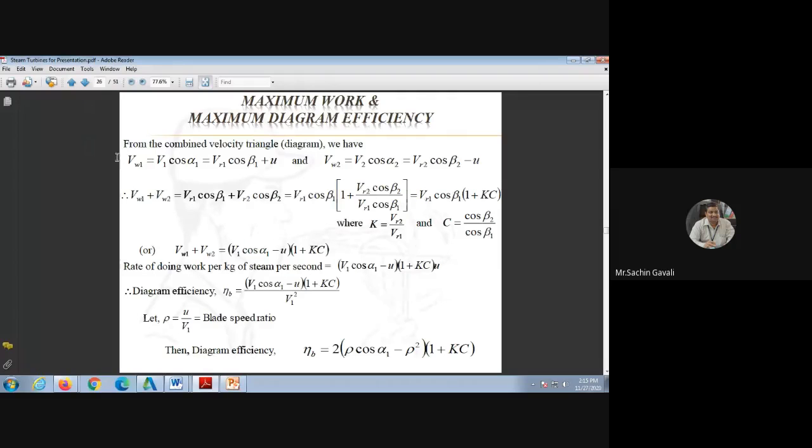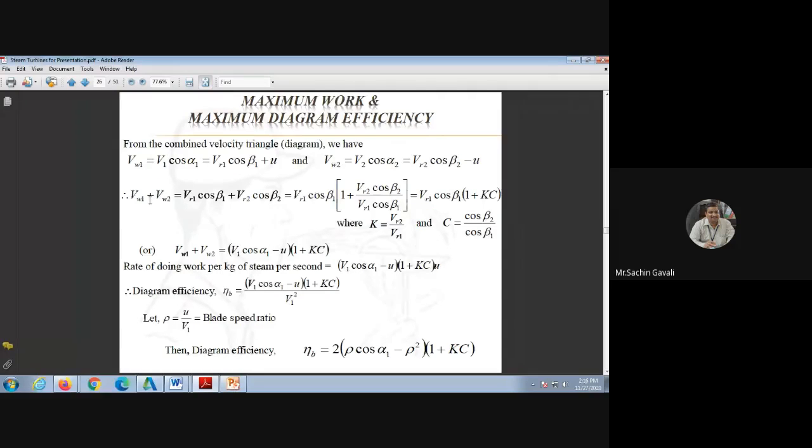So VW1 is equal to V1 cos alpha 1. Similarly, I have given VR1 cos beta 1 plus U, and VW2 is VR2 cos beta 2 minus U. Now we know that blade efficiency is equal to 2U into bracket VW1 plus VW2, divided by V1 square.